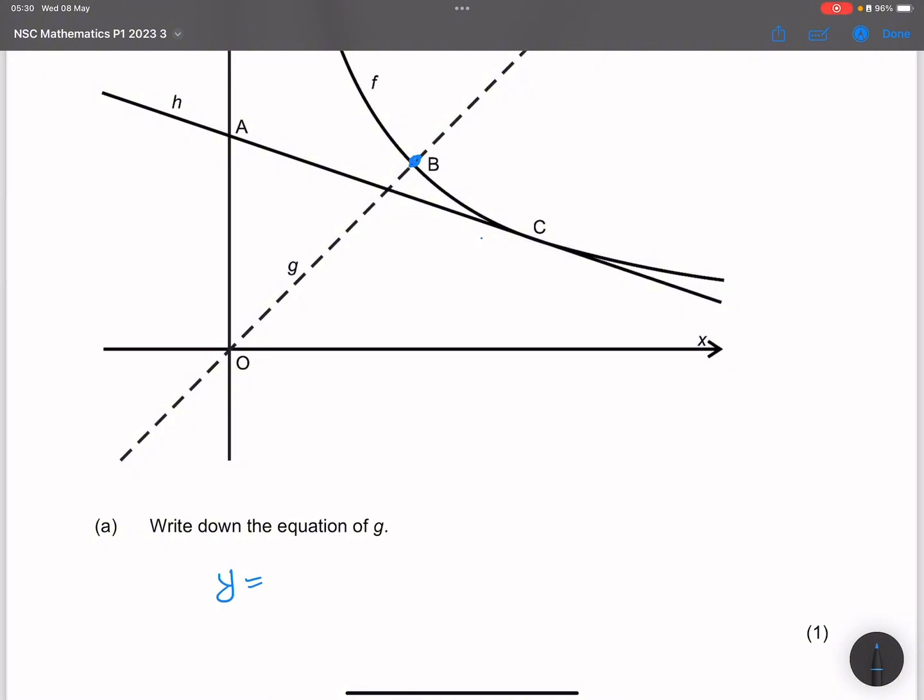So in this case, we know that it's going to be y equal to x because our y-intercept for the axis of symmetry is 0. So that simply will be the line y is equal to x.